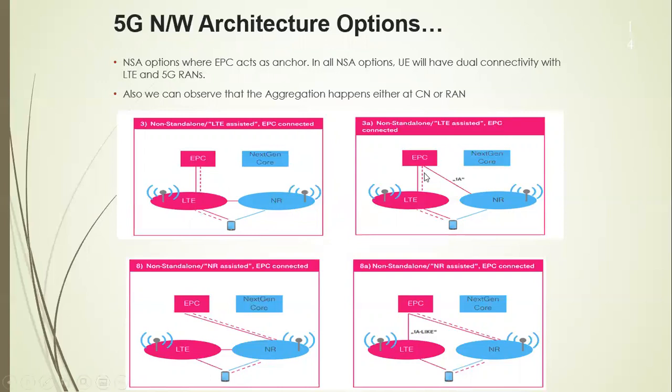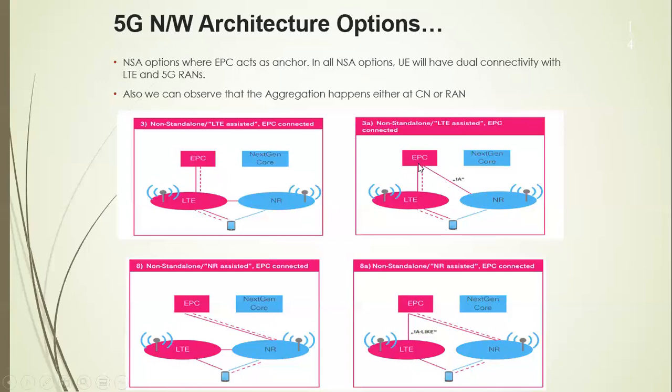In the second option, there is no 5G core, only the same EPC core, but this is an upgraded EPC core because it has to communicate with the G node B. And that means it will establish EPS bearers with the G node B and EPS bearers with the E node B also. And there is no communication between E node B and the G node B here.